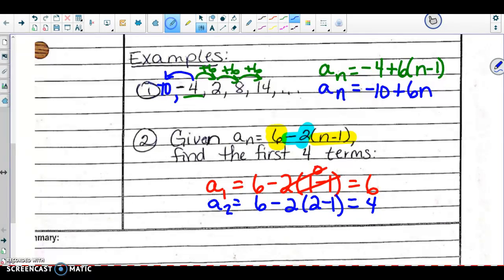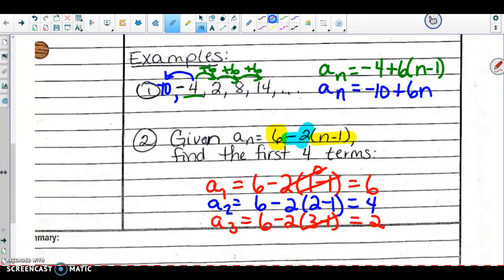So that means this next one, a sub 3, if I plug that in, I should end up with 2. So 6 minus 2 times 3 minus 1, well, 3 minus 1 is 2. 2 times 2 is 4. 6 minus 4 is 2.